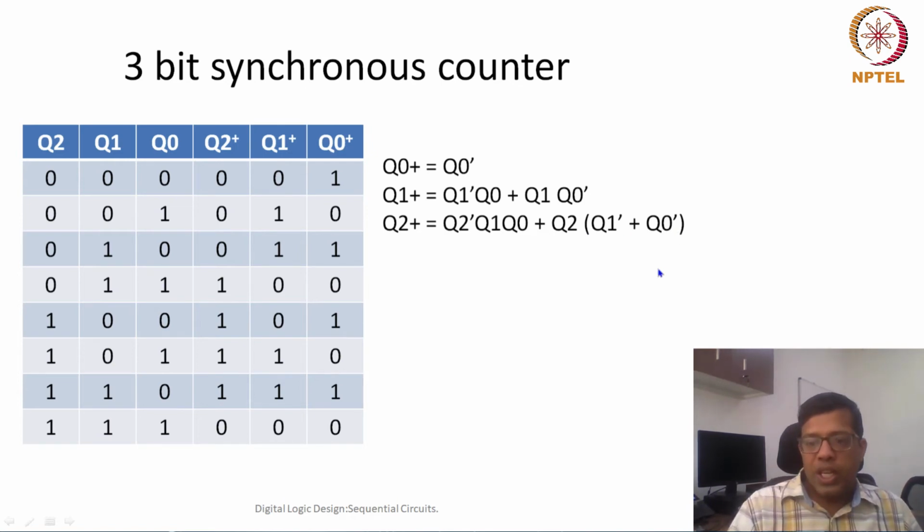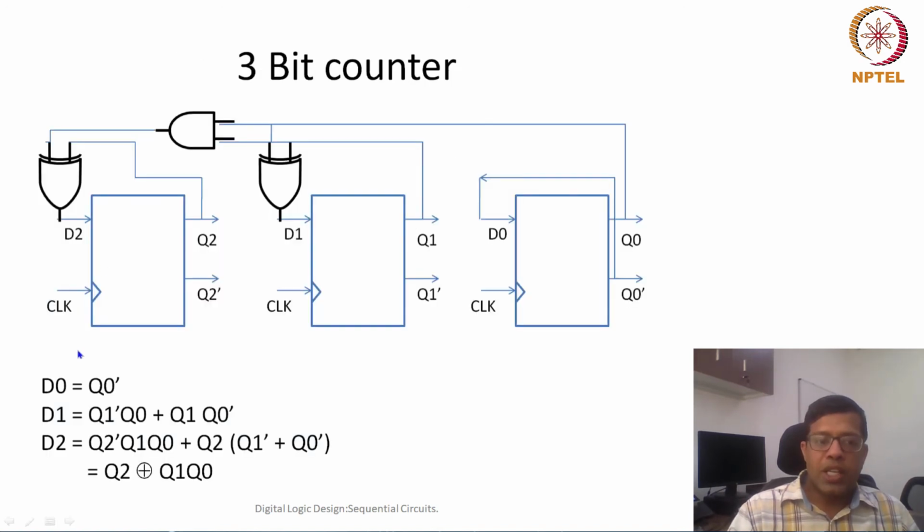So if I would like to design a synchronous counter, then as I said, this should be the input of these D flip flops. So I can say that D0 would be equal to Q0 dash, D1 is equal to Q1 XOR Q0, and D2, I can simplify this equation as Q2 XOR Q1 Q0.